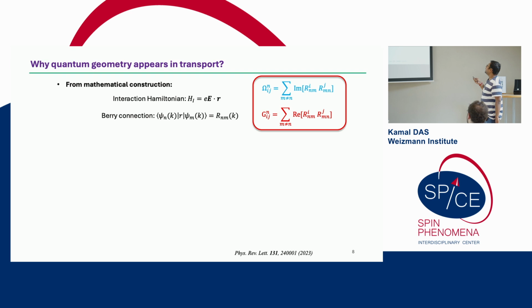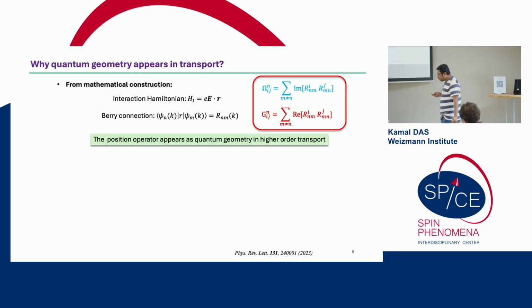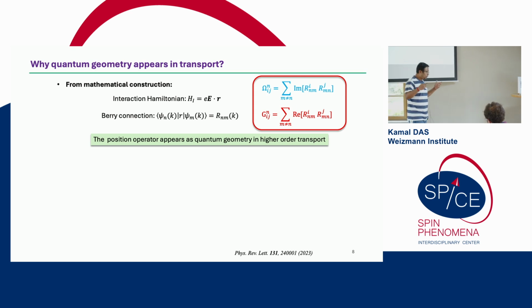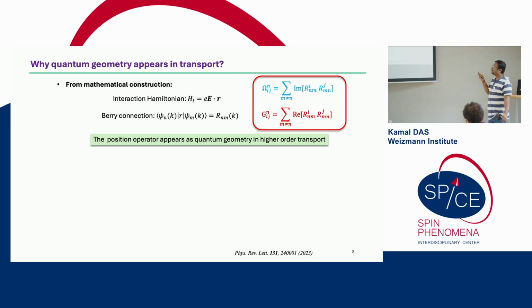And the quantities that I define, Berry curvature and quantum metric, are nothing but some combination of this Berry connection. So when we calculate transport, we are basically calculating velocity, position, acceleration, and all the band geometric quantities appear through this position operator, the Berry connection. There is one more intuitive way to see this.